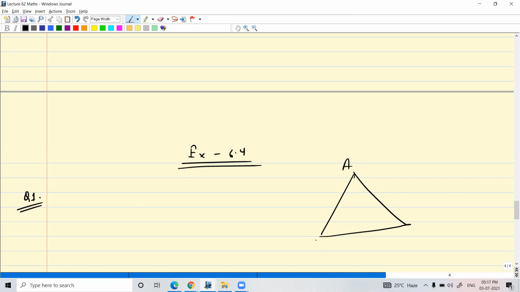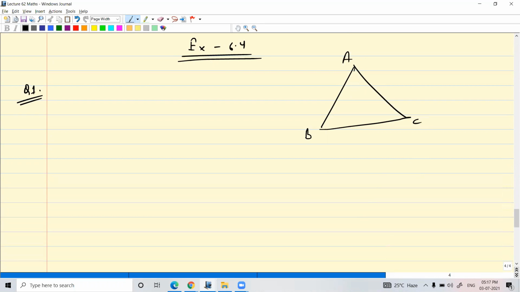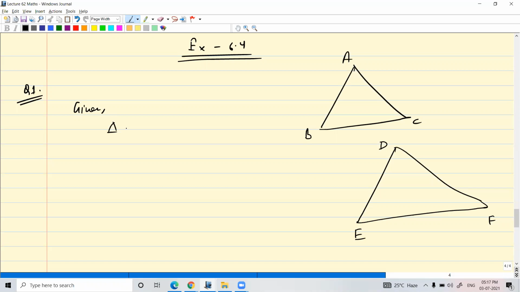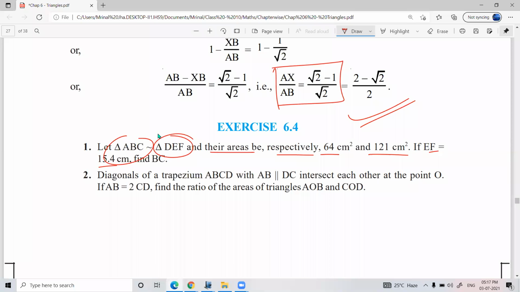Straightforward problem. Given triangle ABC is similar to triangle DEF. And what else? They have given the areas also.